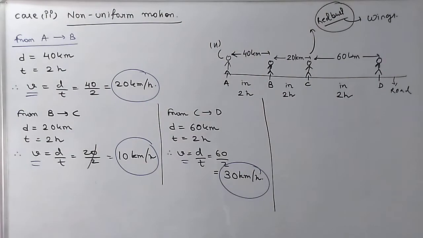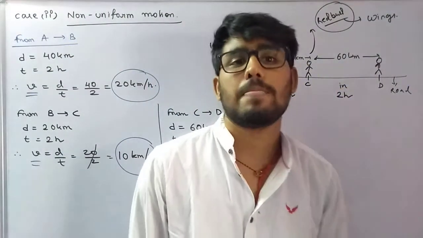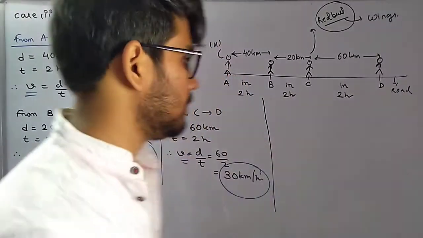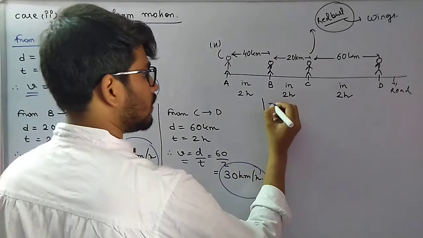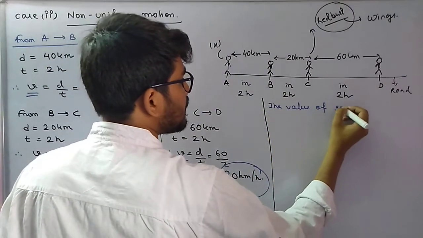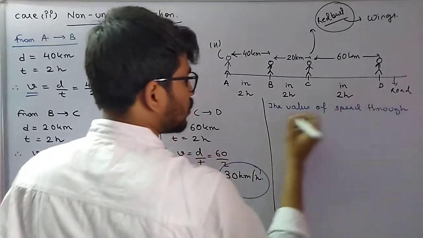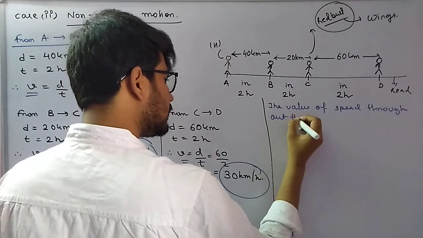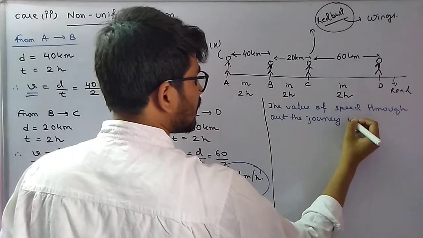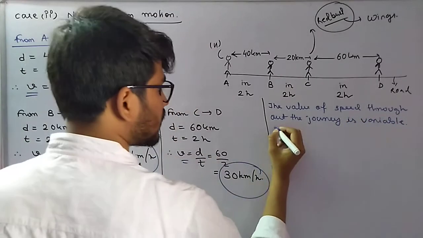That is, the value of speed throughout the journey is variable. It keeps changing, and such a motion is called non-uniform motion.